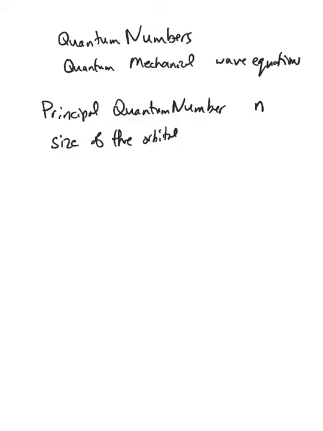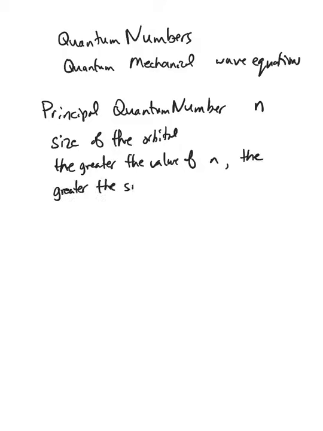The greater the value of n, the greater the size of the orbital, and the greater the energy of the associated electrons in that orbital.